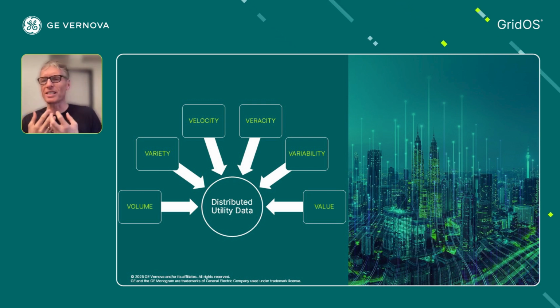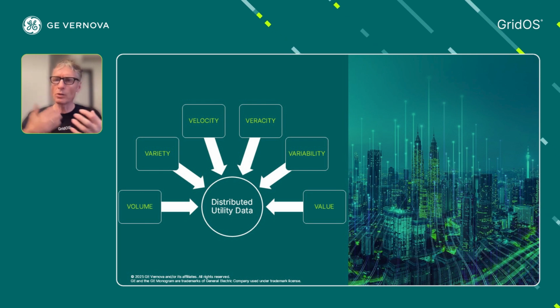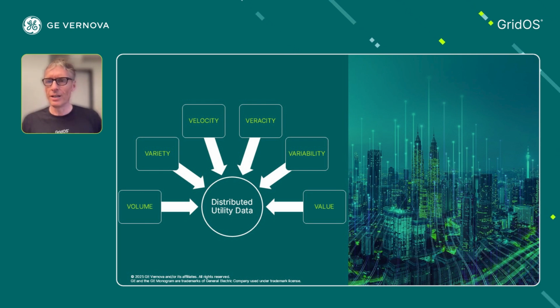You must understand the meaning of the data. You must trust the data. You must have confidence in the data. Think about it. If you are doing automated grid decisions and you cannot trust the data, exactly these kinds of questions are the questions we have to answer when we talk about good data.